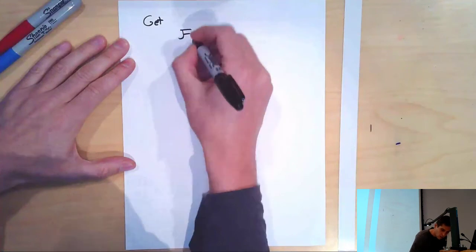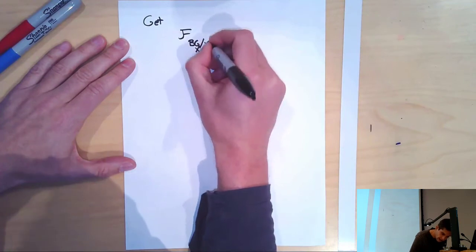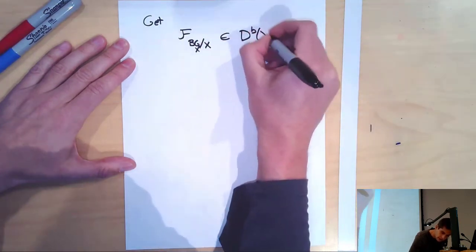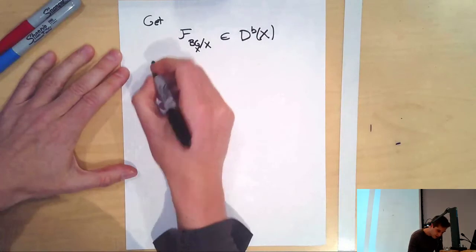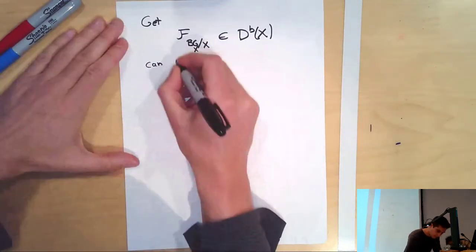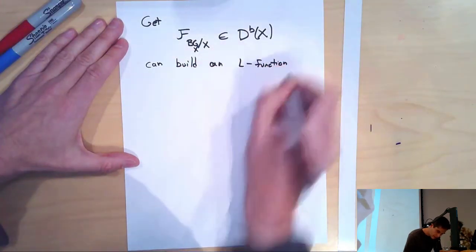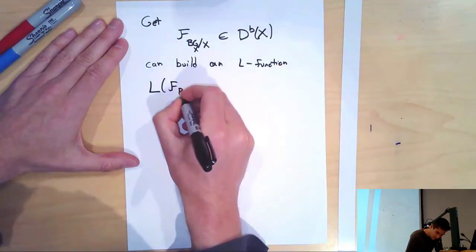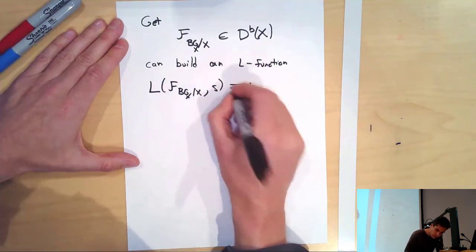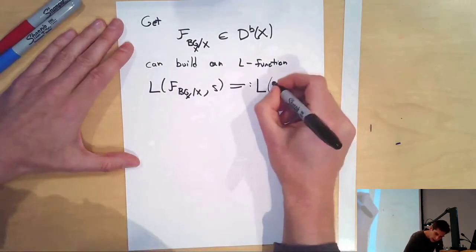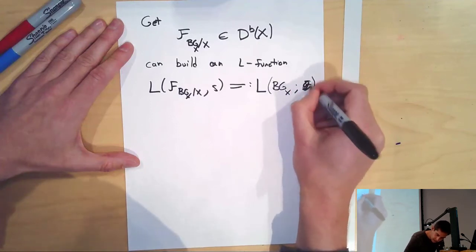So we get a sheaf, which I'm going to call F sub BG sub X over X. So this is something that lives in the derived category of X. And then to this sheaf, we can associate an L-function, L of F sub BG sub X over X. Coefficients in F, that's a little wordy, so why don't I come up with a notation for it? I'll just call it L sub BG sub X of s.